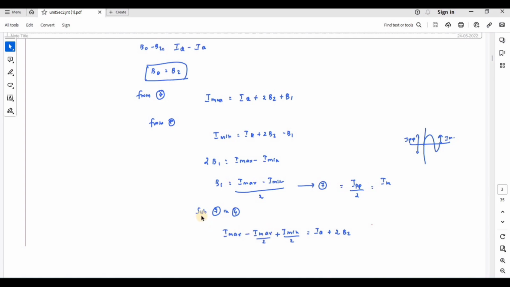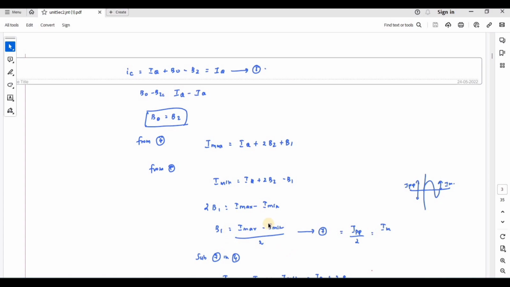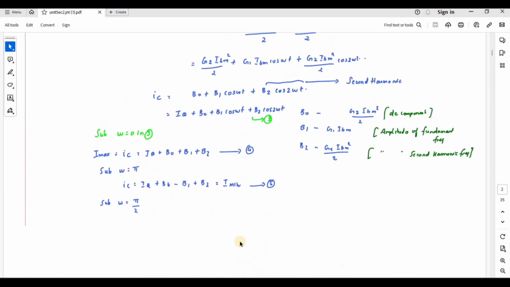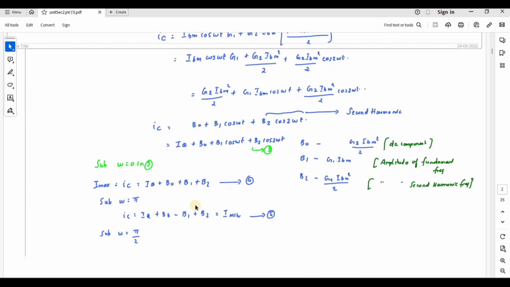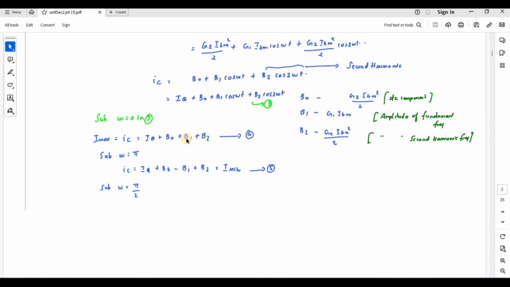So you substitute this seventh equation in the fourth equation. So where is the fourth equation? You take the b1 value and substitute it in this fourth equation. So I will get I max is equal to iq plus 2b2 plus b1.